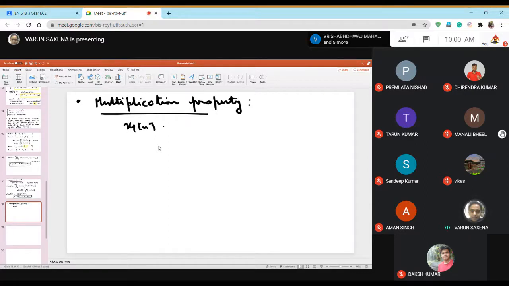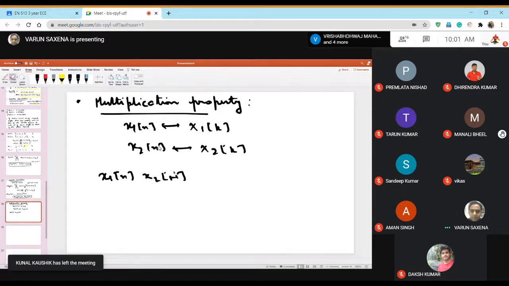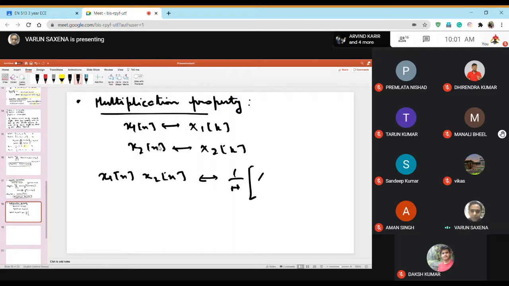If you have x1[n] which is capital X1[k], and x2[n] which is capital X2[k], then multiplication in time domain would mean circular convolution in frequency domain.